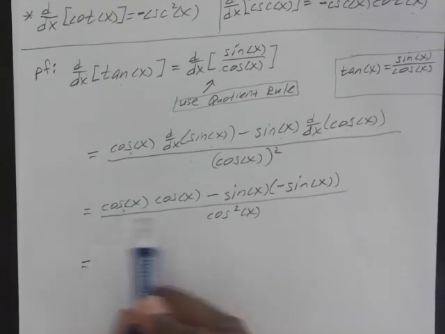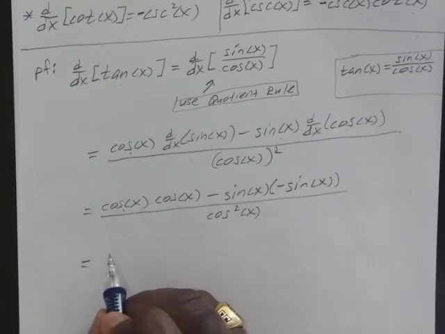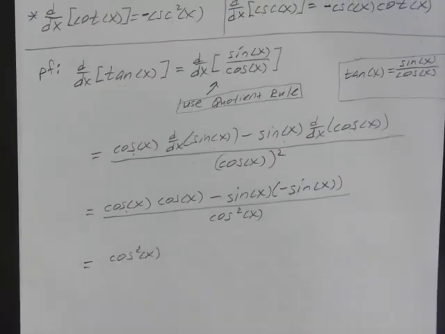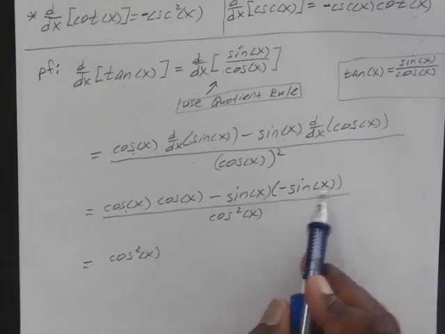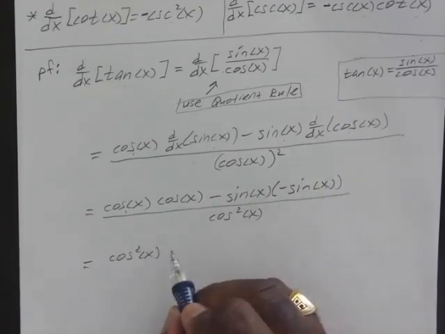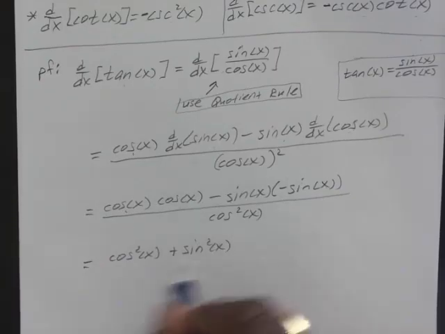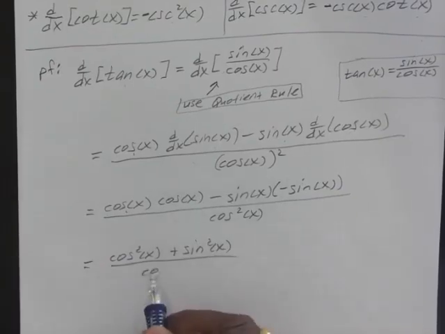Okay, so cosine times cosine is cosine squared. Negative sine of x times negative sine of x is positive sine squared of x divided by cosine squared.